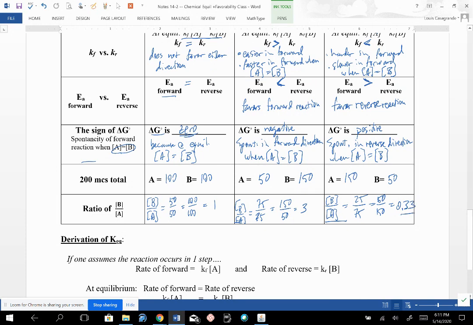So what's happened is we have a number here now, the ratio of the concentrations of B to A, the ratio of the concentration of the product to that of the reactants, that describes whether we are product favored or reactant favored. And we call that the KEQ, the equilibrium constant.